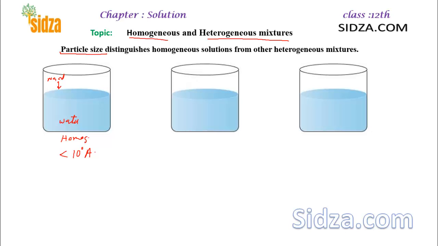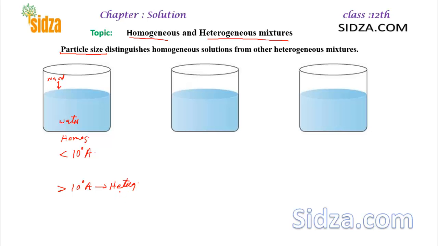In NaCl solution, this will be a homogeneous mixture because the particle size is very, very small. You cannot see this even under a simple microscope. But if the particle size is more than 10 angstroms, the solution will be called a heterogeneous mixture.